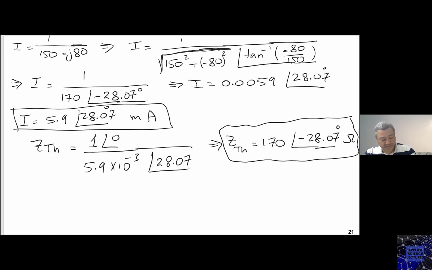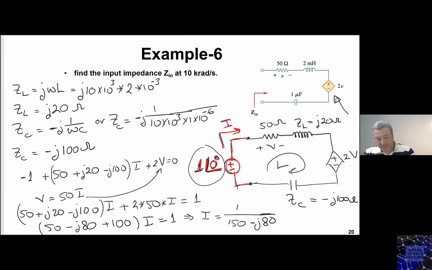It has an angle because the impedance here is not real. The impedance is made of a real part and a reactance. So it is resistive and reactive, right? You have an inductor, you have a capacitor. Those are frequency dependent components, so definitely they will have a net reactance. This net reactance is going to contribute to the Z Thevenin, which is the same concept of the Z Thevenin, right?